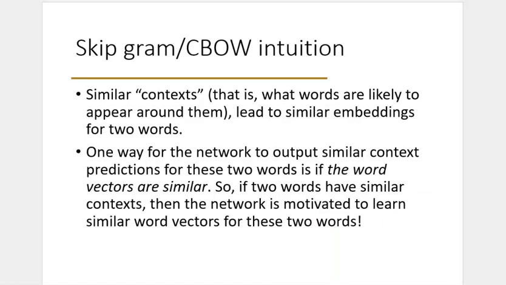So the skipgram and bag of words intuition is that similar context will lead to similar embeddings of two words. One way for the network to output similar context predictions for these two words is if the word vectors are similar. If the two words have similar contexts, then the network is motivated to learn a similar word vector for these two words.